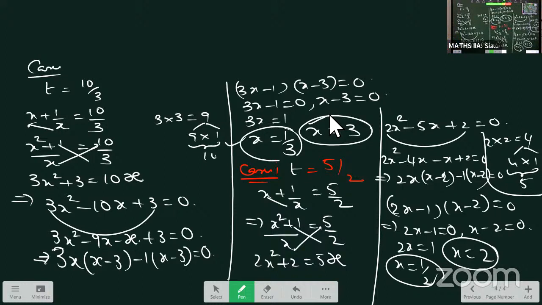So the reciprocal equations, whatever we have done till now, I think madam has explained to you the 6x power 6 question, and the remaining questions I have explained.